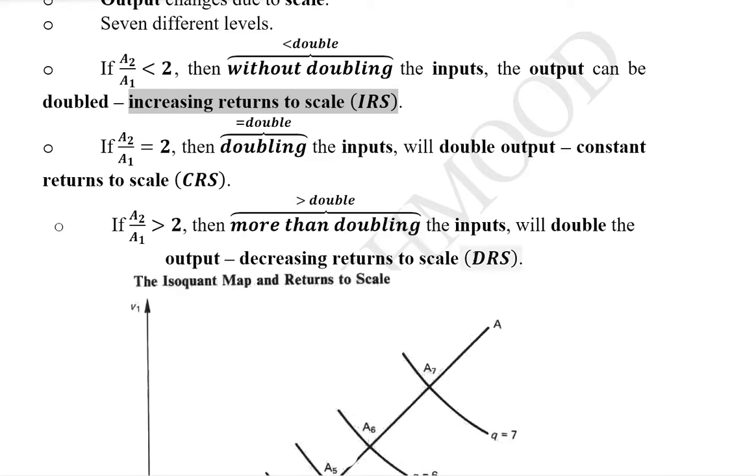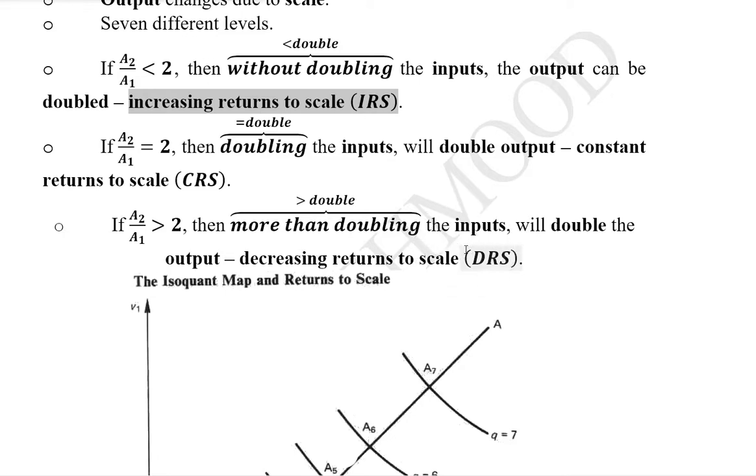And this is decreasing returns to scale because we have to increase the inputs by more than double in order to make the output double. This is definitely an undesired situation. It is therefore called decreasing returns to scale, that when we increase the scale, the returns are not accordingly, they are slightly less or substantially less than the increase in the inputs.